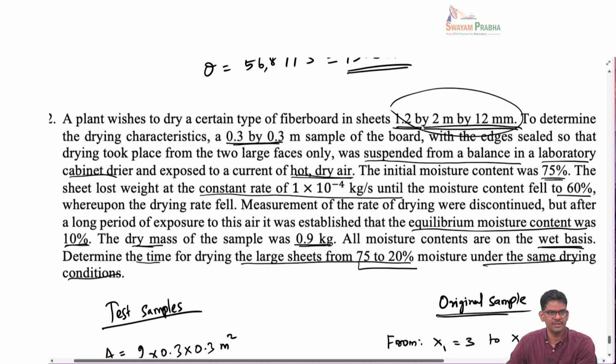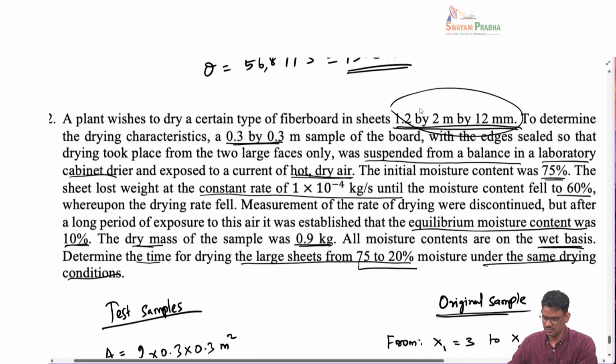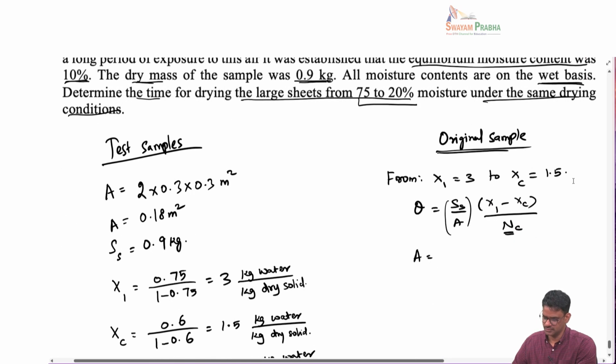So what can we do about it? The area is 2 times 1.2 times 2 meter square, which is 4.8 meter square. But what about the total mass?